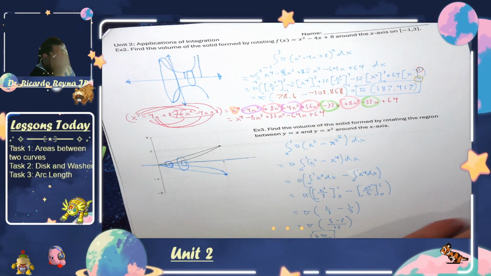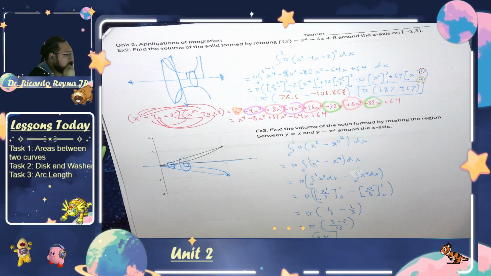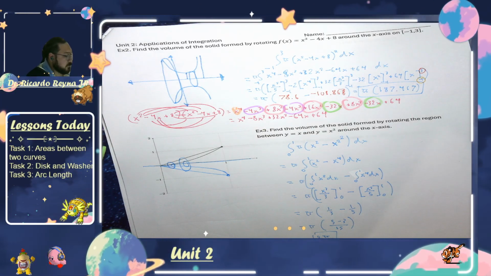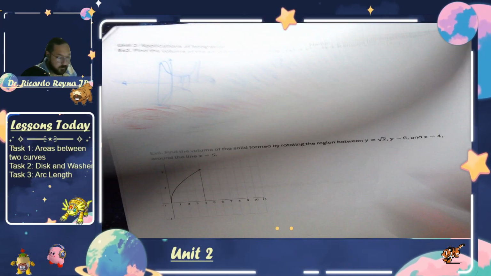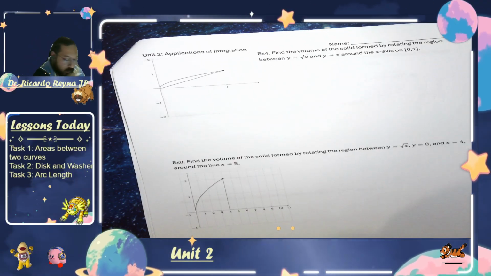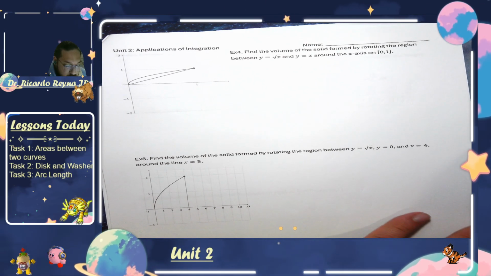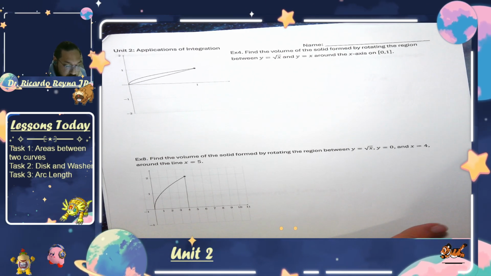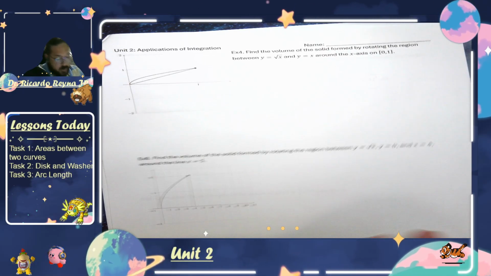All right, let's move on to another washer. This one says find the volume of the solid by rotating the region between y equals the square root of x and y equals x about the x-axis from 0 to 1.